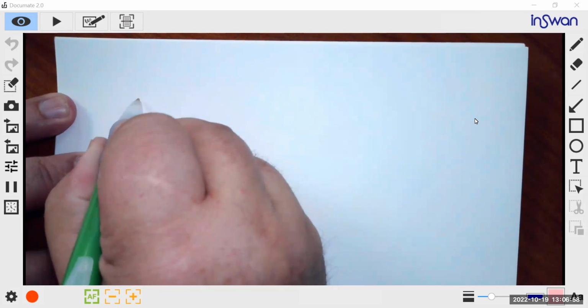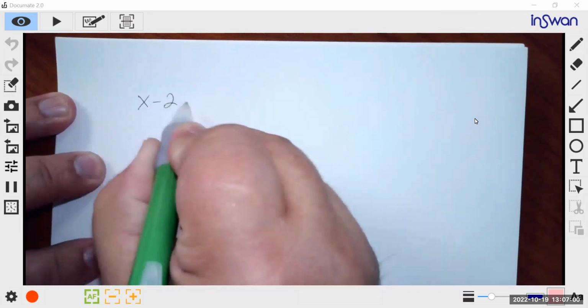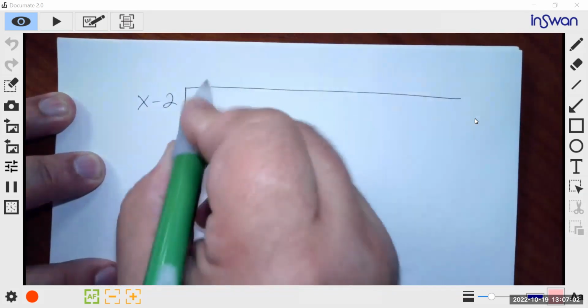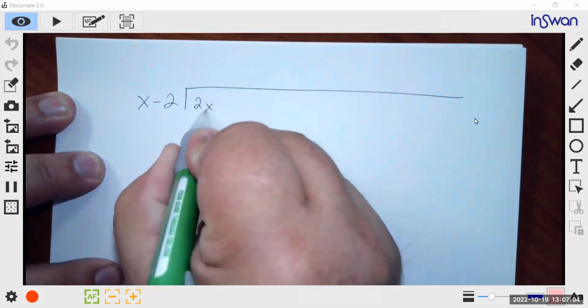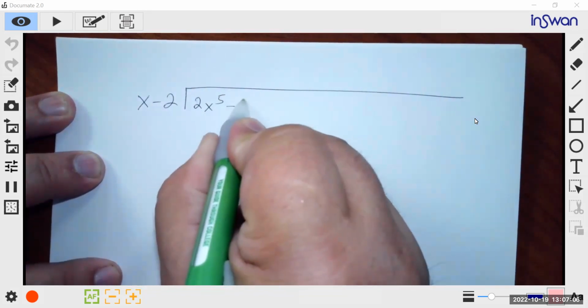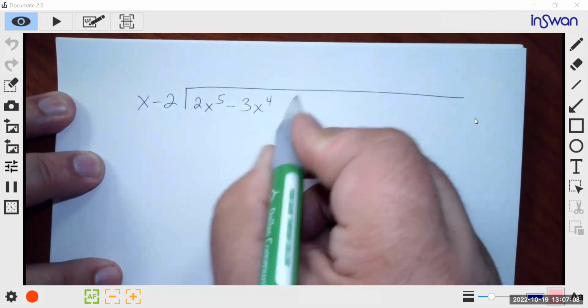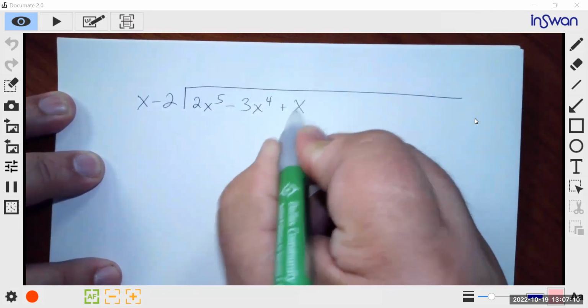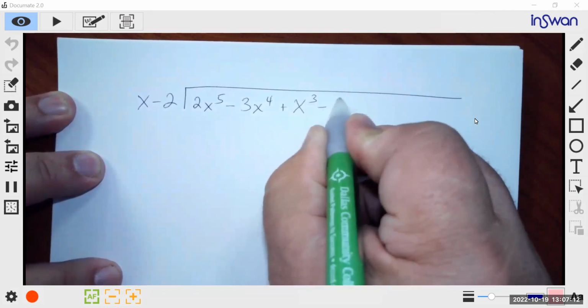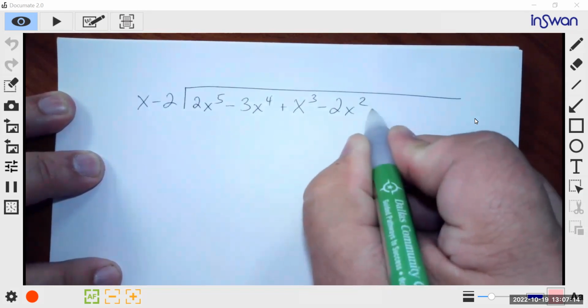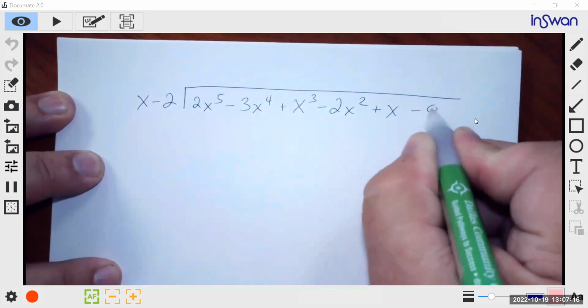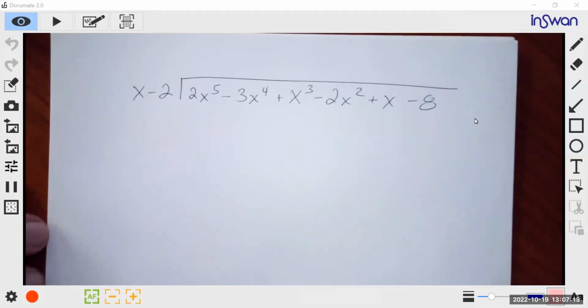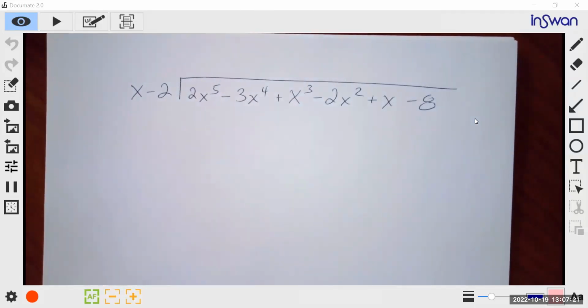So what we have here is x minus 2, 2x to the 5th, 3x to the 4th, plus x cubed, 2x squared, plus x minus 8. I mean, even typing that in the calculator would be arduous.